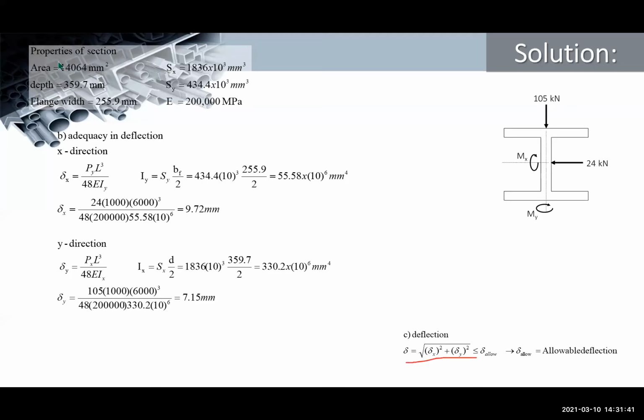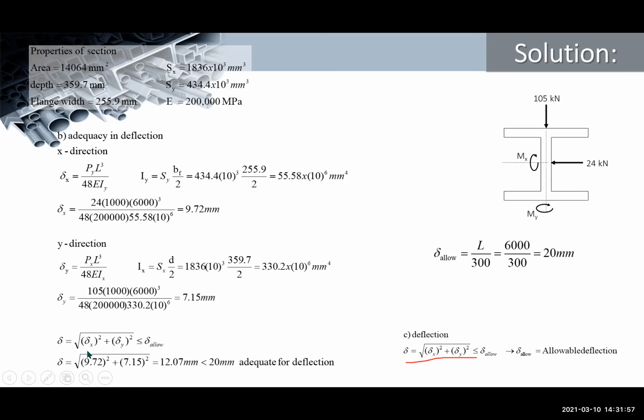Now, based on the problem, given yung equation ng allowable deflection natin should be L over 300 or 6,000 divided by 300, so 20 mm. So the resultant of these two should not be greater than 20. Checking now, the resultant is 12.07, less than 20 mm. So the section is also adequate for deflection.